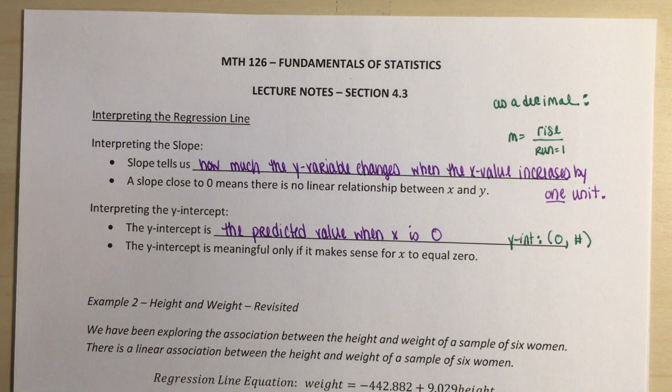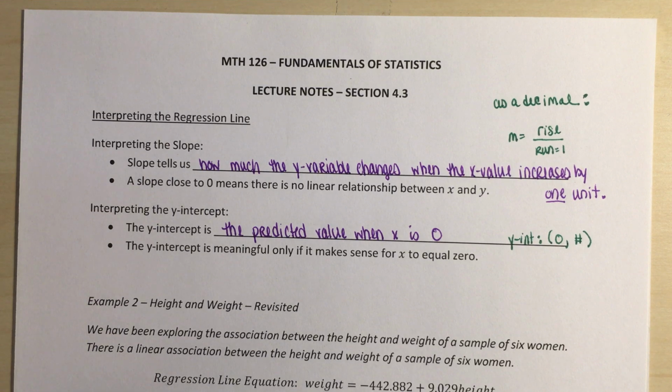So when we're interpreting the regression line, we're going to have two separate interpretations. We're going to have an interpretation of our slope and one of the y-intercept. All right, so our slope is going to be written as a decimal. What that means is if we think about our slope as rise over run, and we write our slope as a decimal, that means that our denominator is equal to 1.